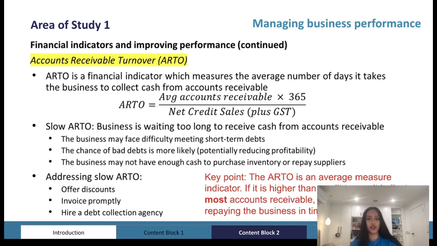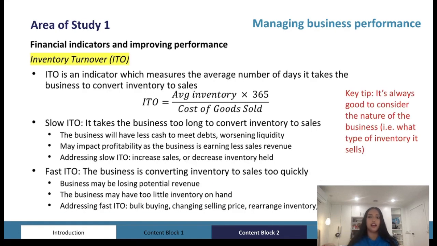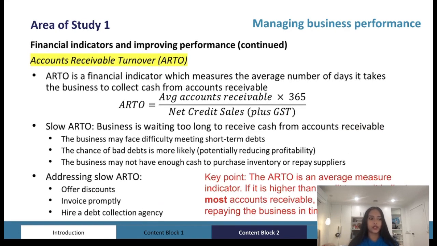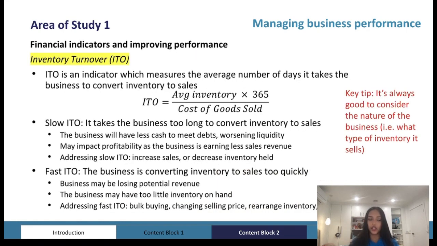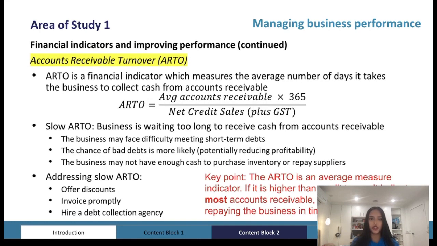And it's a key point to note that the same goes for the inventory turnover and the next turnover, but these financial indicators are an average measure indicator. So it indicates the average. So with inventory turnover, it's the average number of days it takes the business to sell inventory. And with accounts receivable, it's the average amount of time it takes customers to pay.